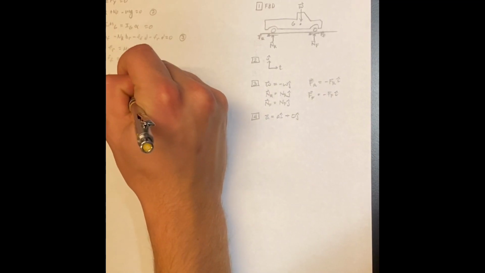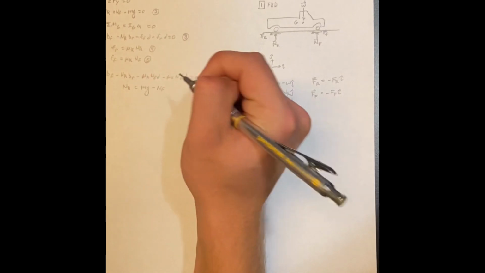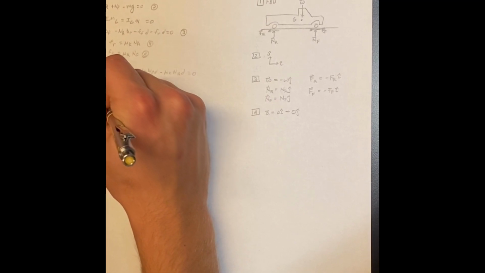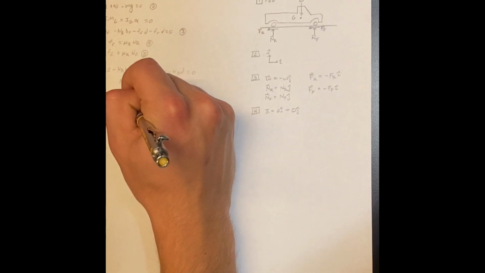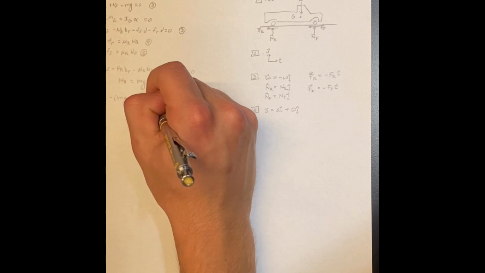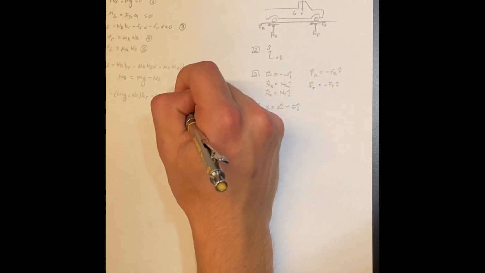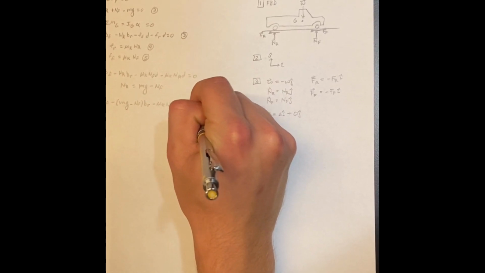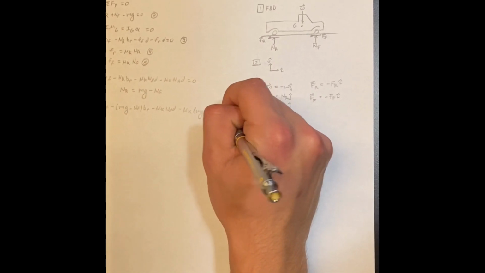And NR is equal to mg minus NF. Doing some further substitution, we can get NF BF minus (mg minus NF) times BR minus mu sub k NF D minus mu sub k (mg minus NF) times D equal to 0.